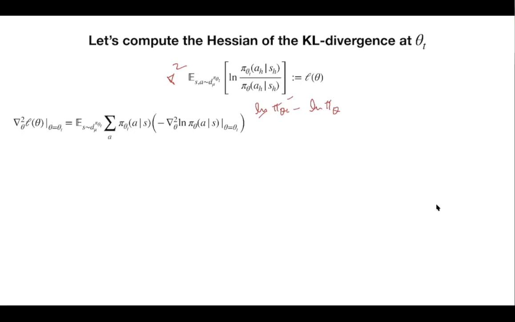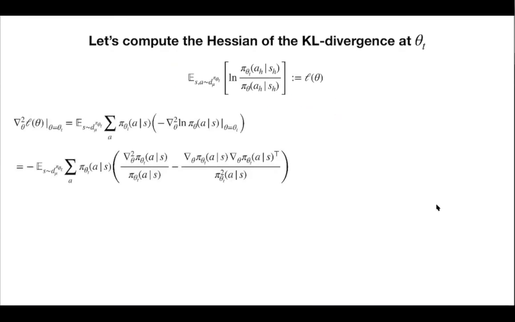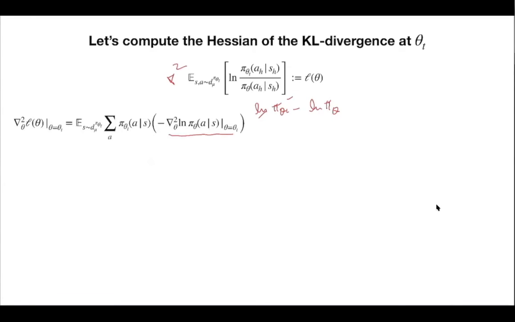All I'm left with is the second derivative of log pi theta. So now we want to compute the second derivative of the log of the policy. I'm skipping a lot of steps, so let's just do that.